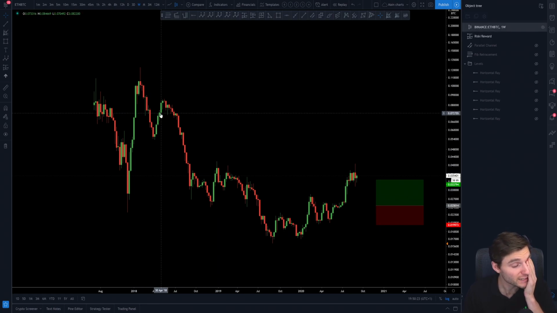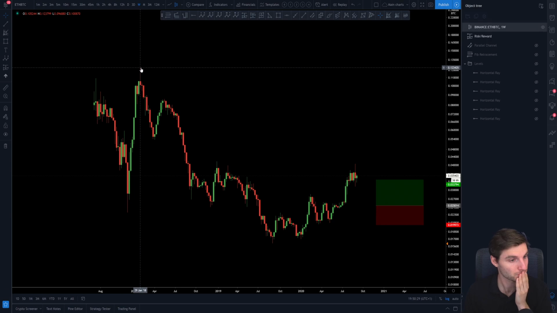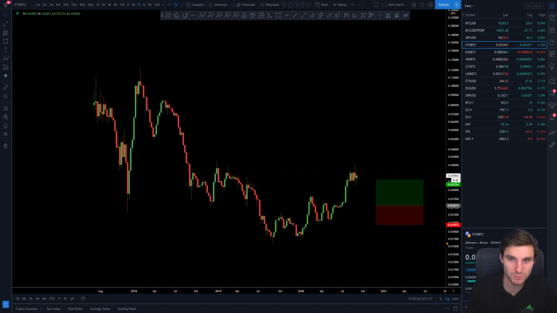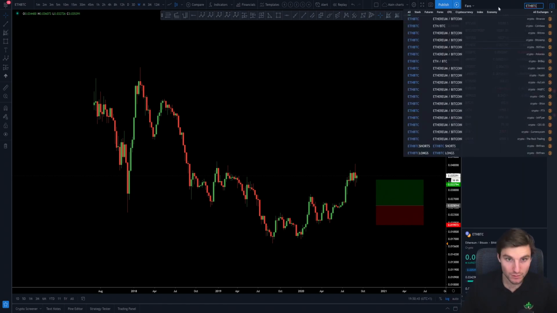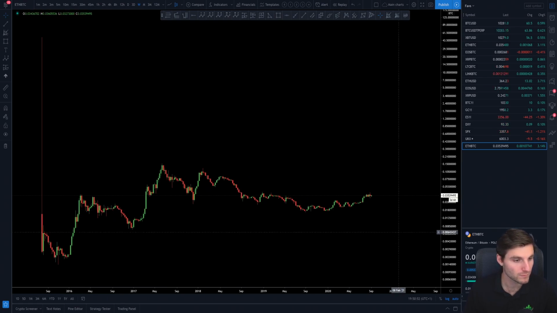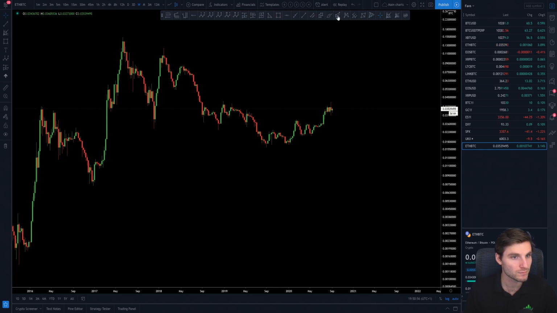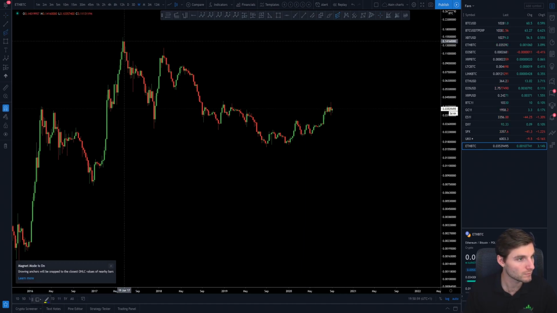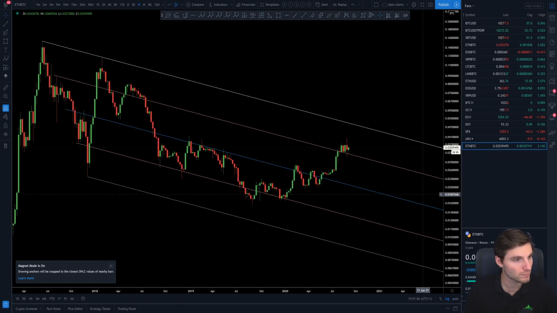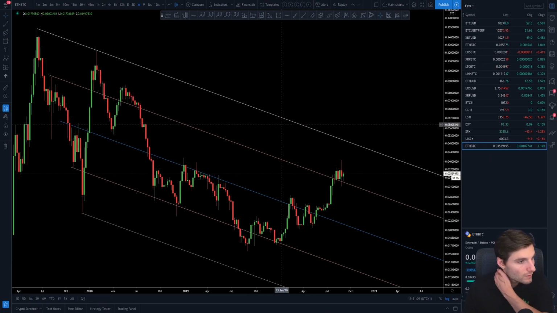Just trying to see if I can see any harmonics. I need something with more history. It's really hard on this Binance chart.